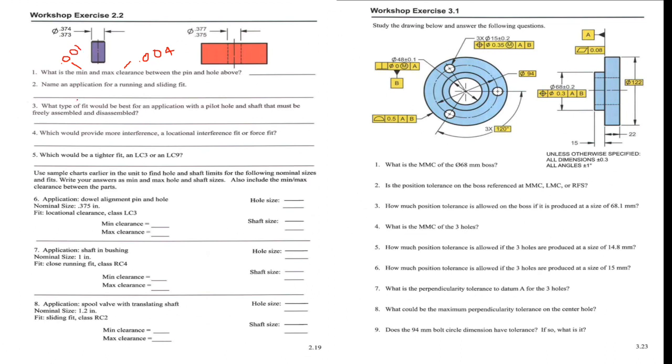Then the name and application for running and sliding fits. We have translating shafts, bearings, and then bushings. So these bearings and bushings are the running and sliding fits. And what type of fit would be best for an application with a pivot hole and shaft that must be freely assembled and disassembled?